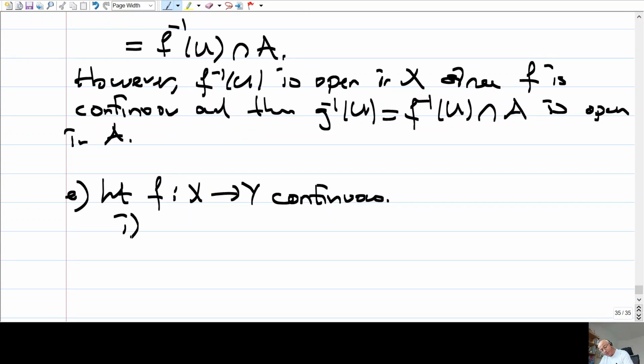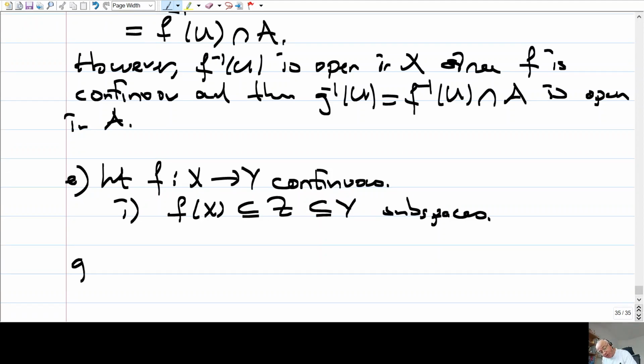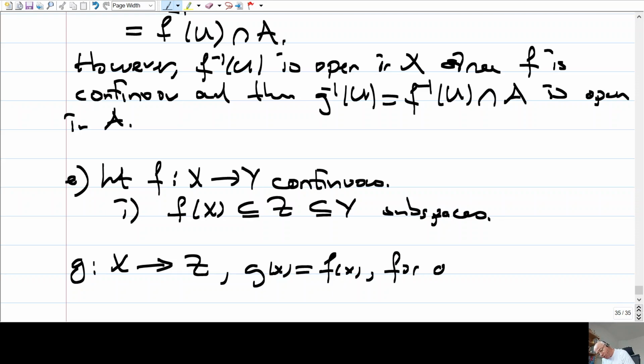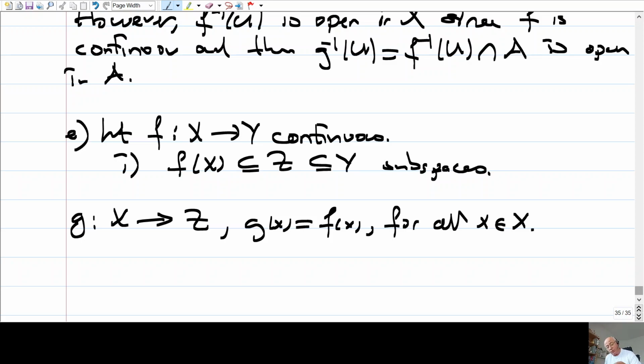The first part is this: Z is a subspace of Y, but it contains F of X. So we have subspaces: F of X is a subspace, and Z is also a subspace containing this. And I consider the following function: G from X into Z, such that G of x is defined to be F of x for all x in X. And I want to show that G is continuous.